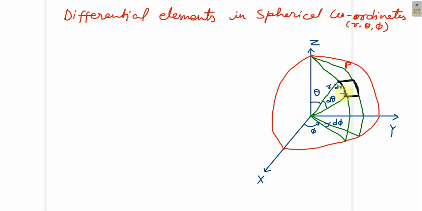Now what will be the length of this arc? In the earlier class also I had given one example to make you understand this. If this is your angle theta, and this one is your r, then this arc L equals how much?